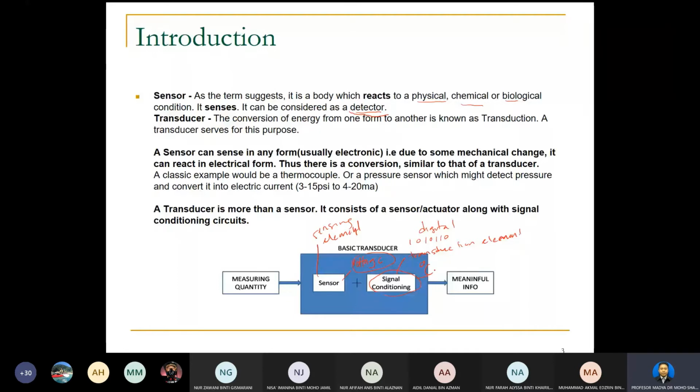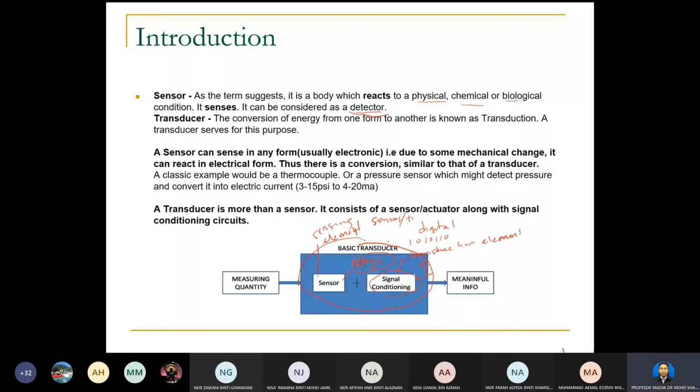But as I mentioned to you, nowadays most sensors include both. They include the sensor and also the signal conditioning. So that's why some we refer to as the sensor, some we refer to as the transducer, but nowadays both are similar because sensors now also have the signal conditioning.